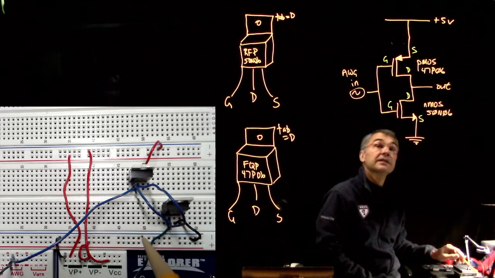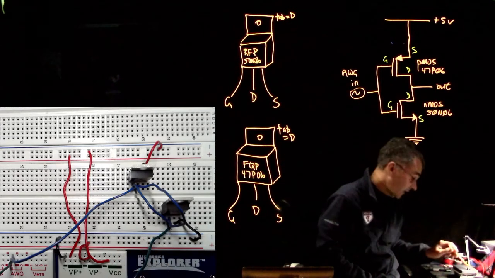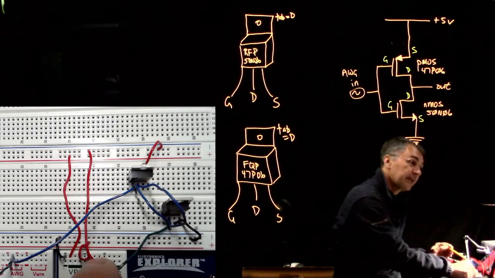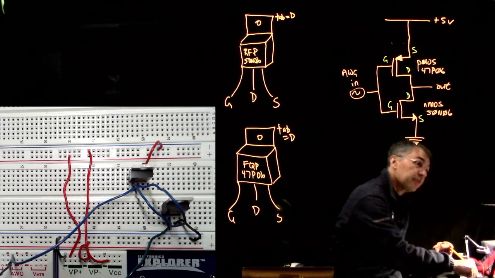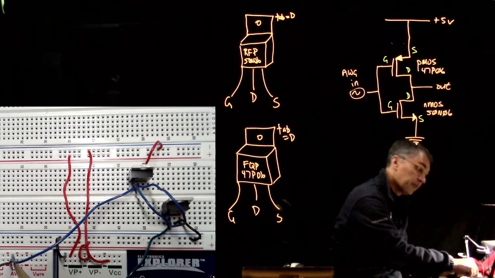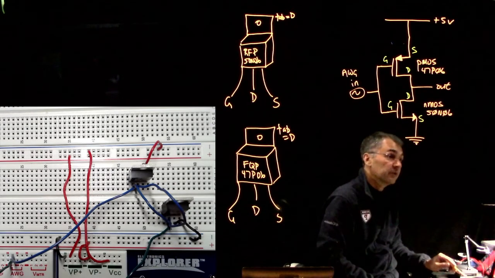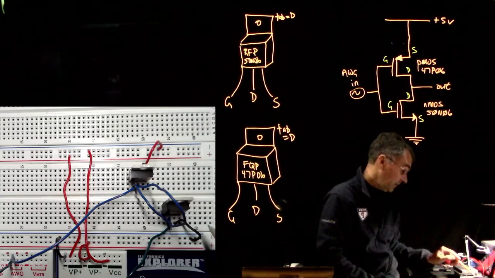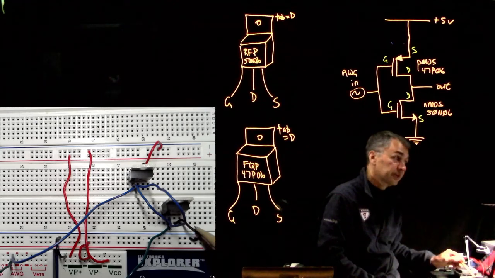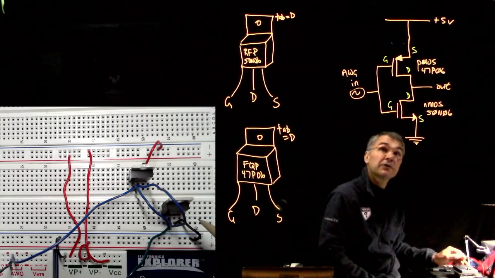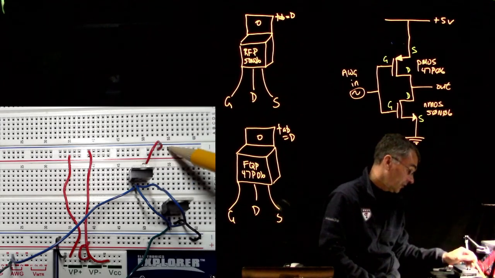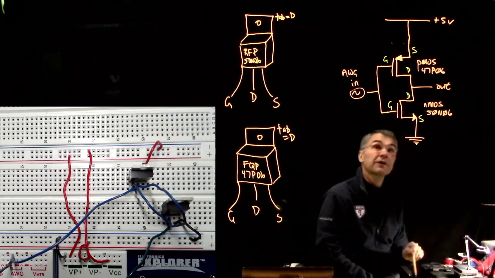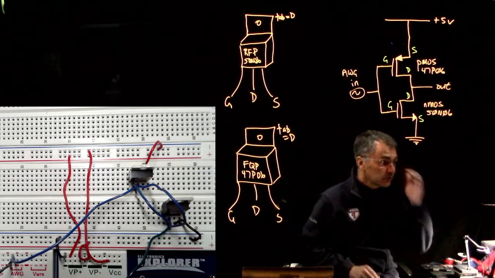And then the two drains are connected together by this blue wire, and that also serves as my output, which I am looking at with scope channel 2. Meanwhile, scope channel 1, which you can barely see over here, is monitoring AWG1. For the NMOS, the source is connected to ground with this little black wire. And for the PMOS, the source is connected to +5, which is this blue stripe on the top, with this little red wire. Okay, good.